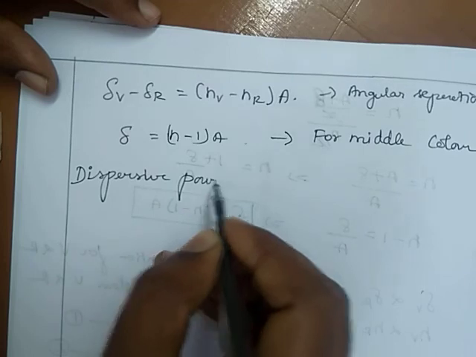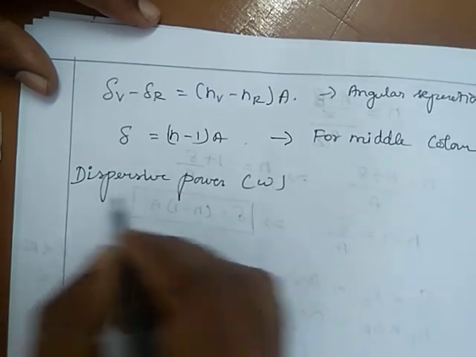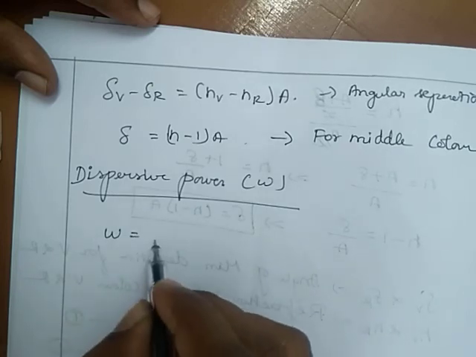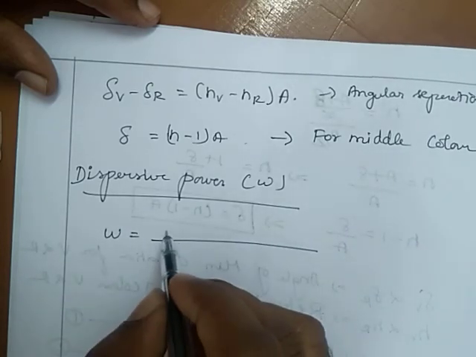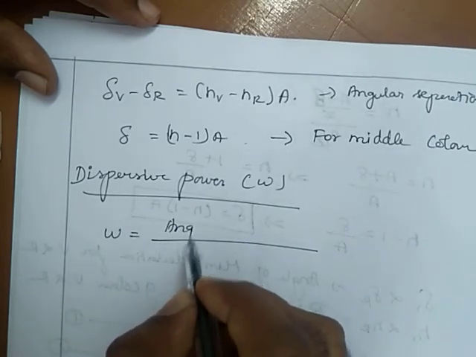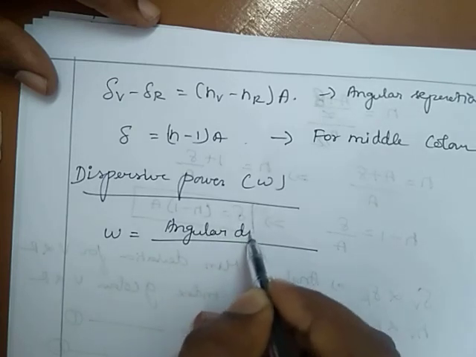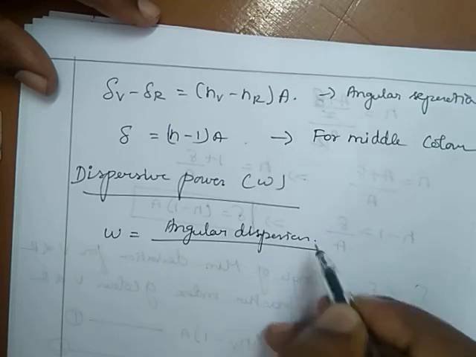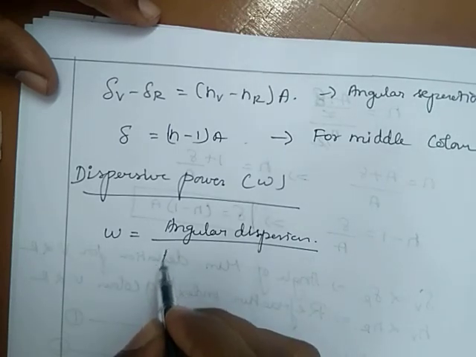Dispersive power is represented by the symbol omega. It is the ratio of angular dispersion to the middle deviation.